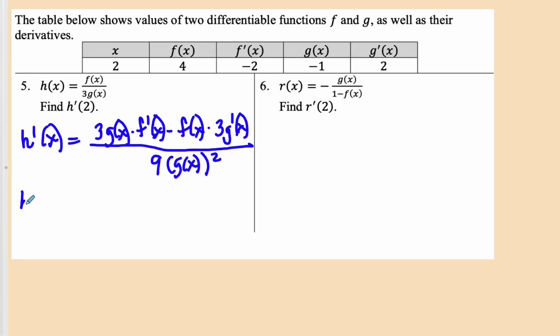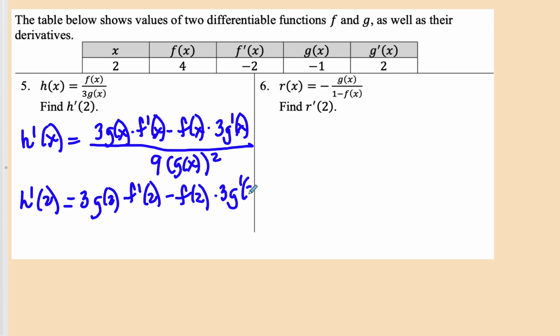Okay, now I want to evaluate it at 2. So this will be 3g of 2 times f prime of 2 minus f of 2 times 3g prime of 2 all over 9. That should be a 9, not a g. 9, and then this is g of 2 quantity squared.